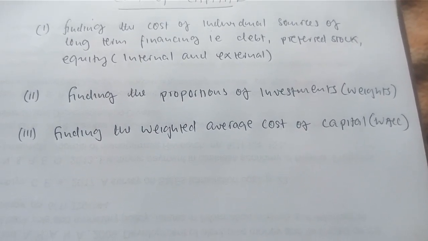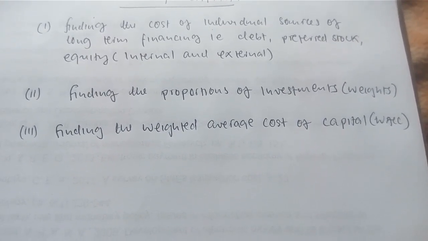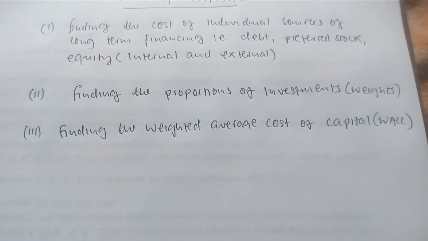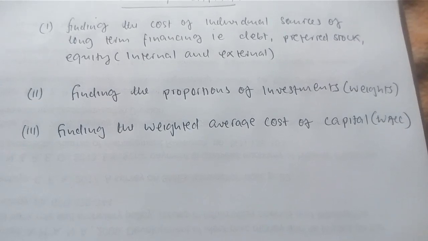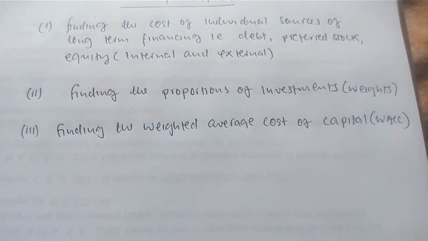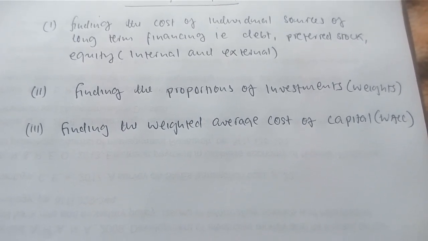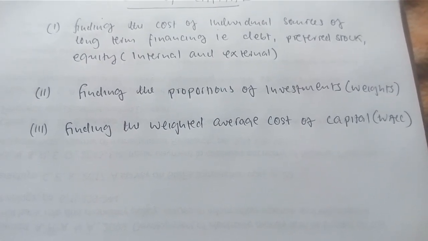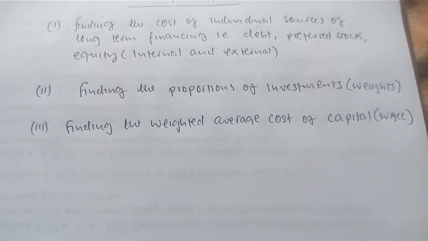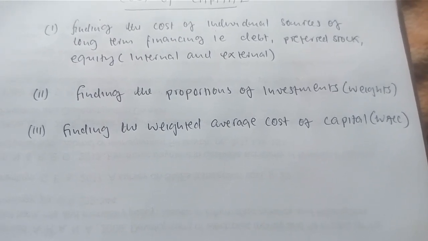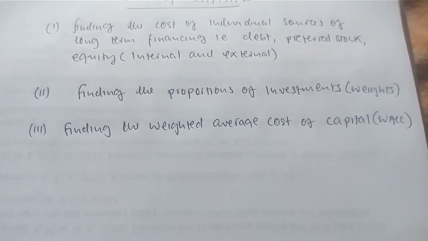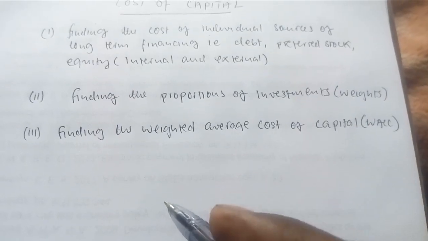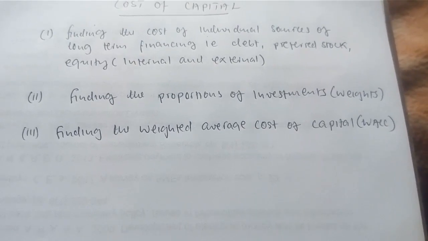Then we have to find the proportions of the investment, which others would refer to as weights. Then the last step in our computations will be finding the weighted average cost of capital, which is better abbreviated as WACC. We shall apply a number of formulas, so just follow closely as we begin our computations.